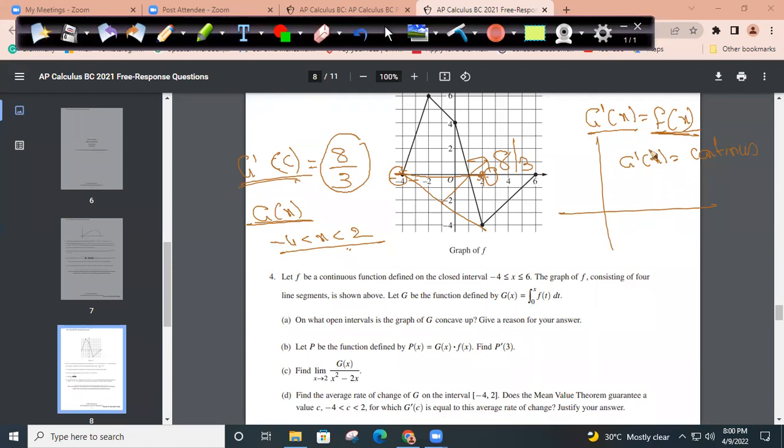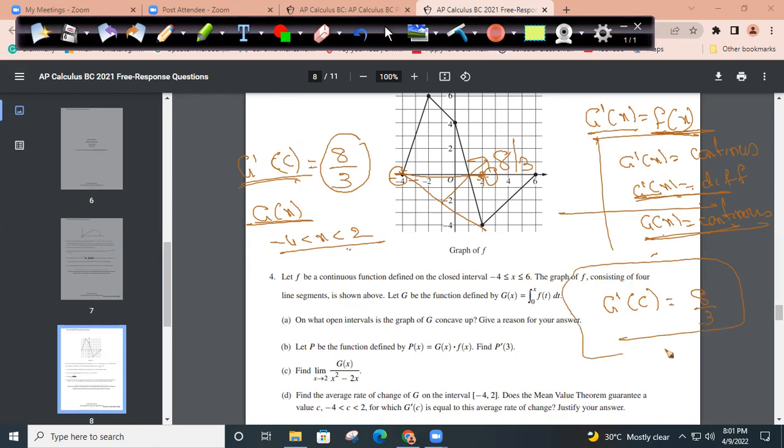So f of x is differentiable, so G dash of x is also differentiable. Since G dash of x is differentiable, G of x should be continuous. So my function G of x is continuous and it is differentiable. Definitely there exists a value of C such that instantaneous rate of change is equal to the average rate of change according to the mean value theorem.